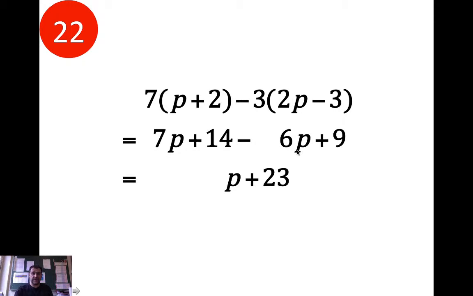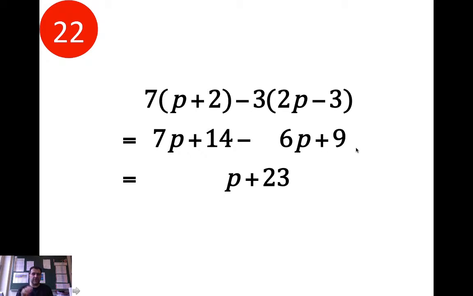I've split those up a bit just to keep things in line so that you can see where everything came from in the line above. And then minus 3 times minus 3 gives you plus 9, because minus times minus makes plus.